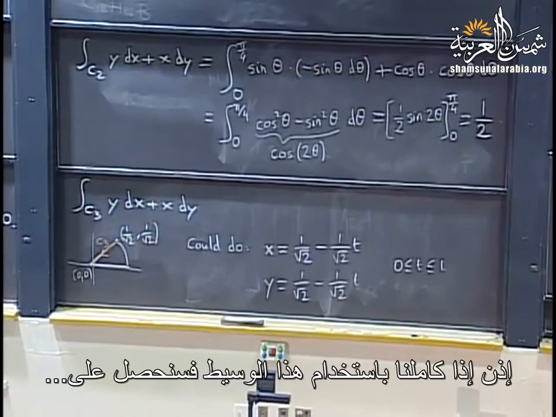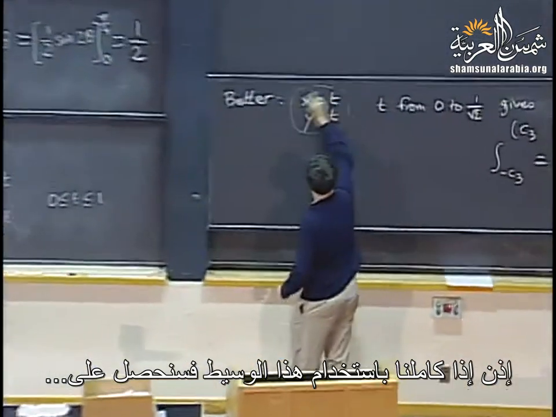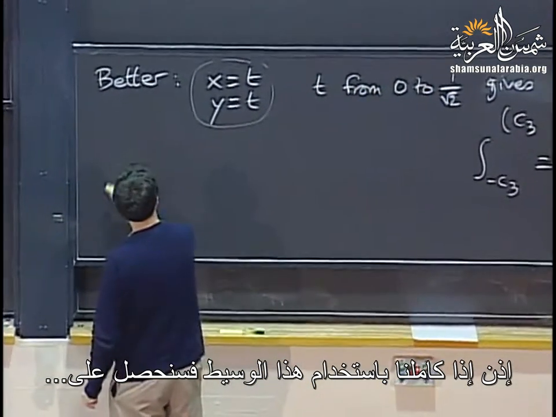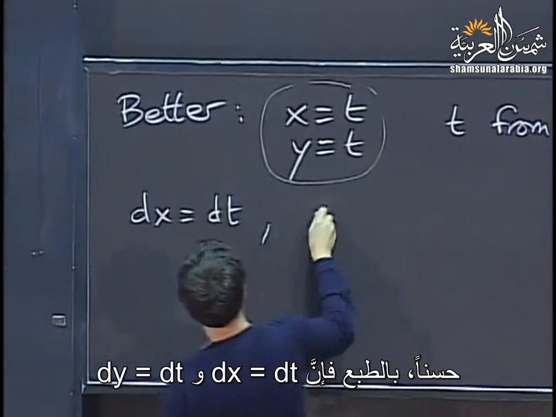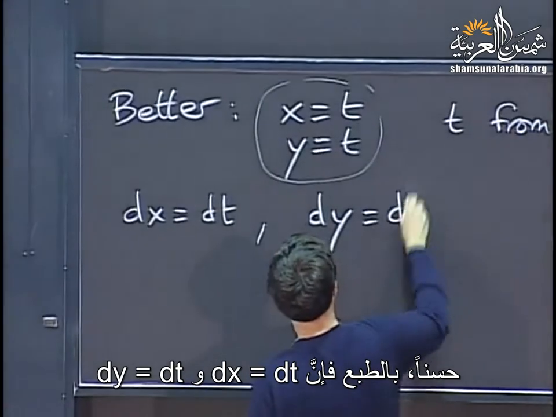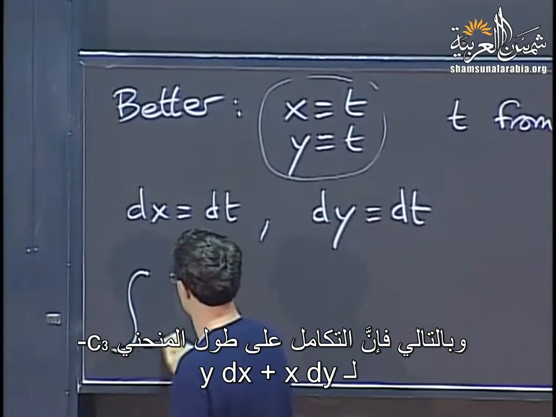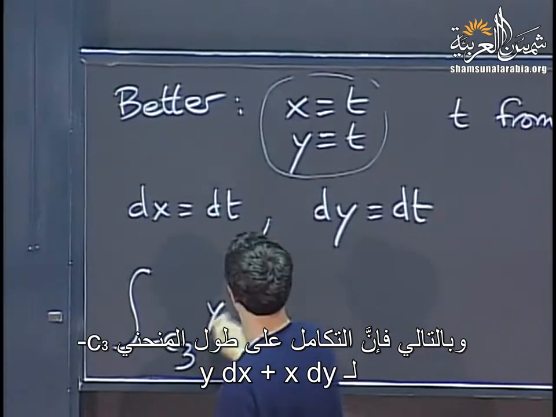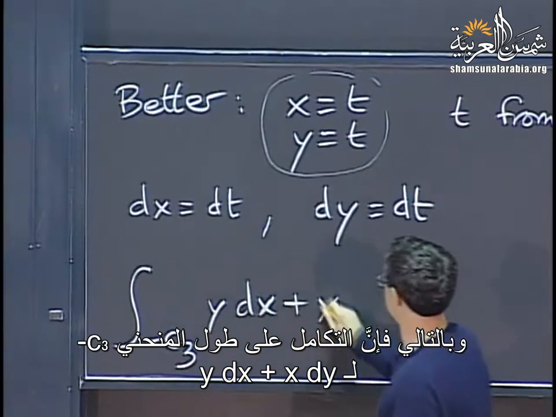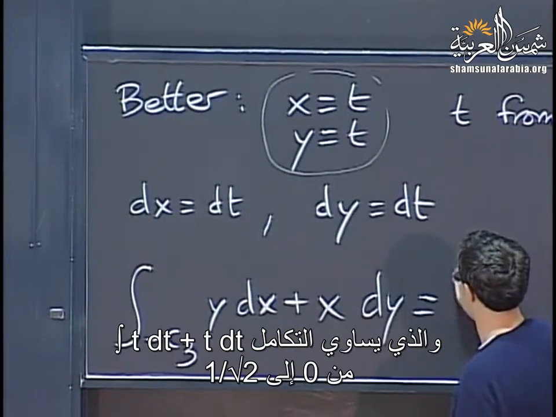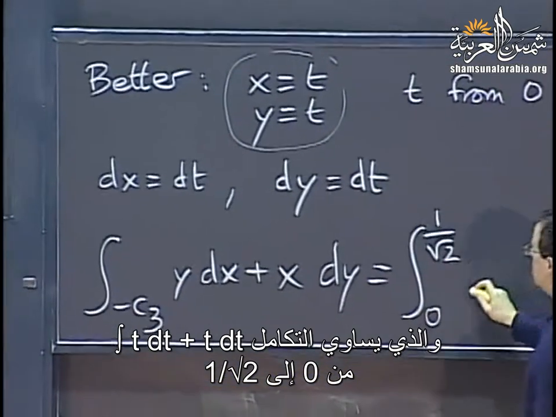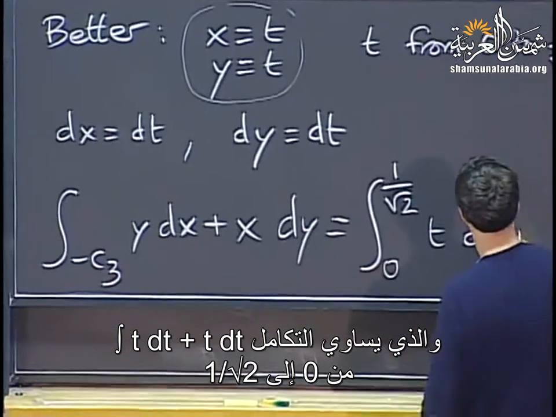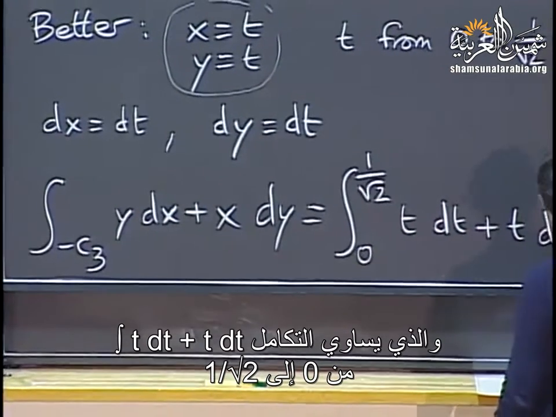So if we do it with this parameterization, of course dx is dt, dy is dt. So the integral along minus C3 of y dx plus x dy is just the integral from 0 to 1 over root 2 of t dt plus t dt.